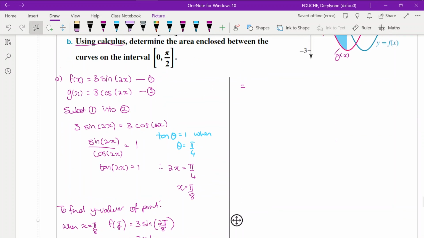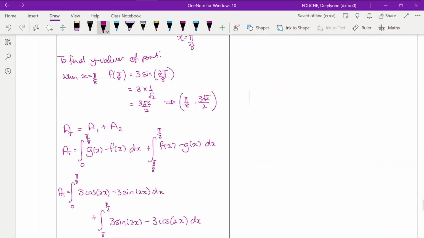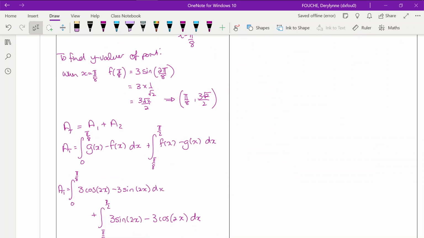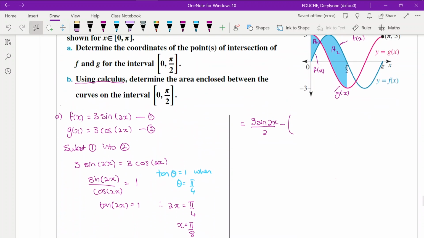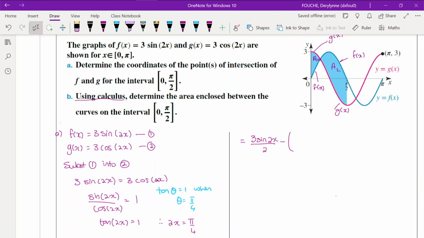Okay, so we have 3 sine of 2x over 2. And what's your signs? Because here we have a 3 sine of 2x. To get a positive sign, we needed a negative cos. I find it easier to have my brackets there, so negative 3 cos of 2x over 2, and that's going from 0 to pi on 8.